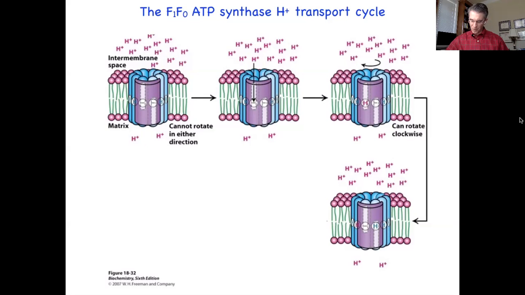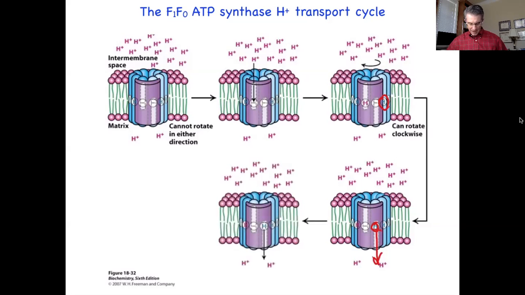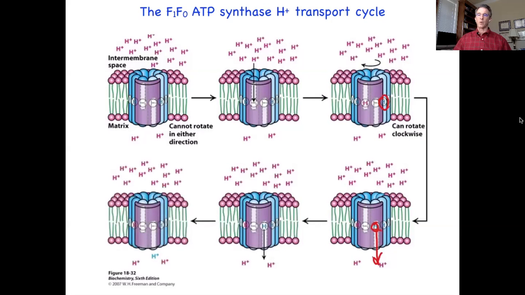But notice what happened. Notice the next subunit over that had a hydrogen bond, when it toggles one position over, that guy is now exposed to the matrix facing half channel, right? The solvent filled matrix facing half channel. That proton can now dissociate, right? That proton dissociation now gets us back to where we started.